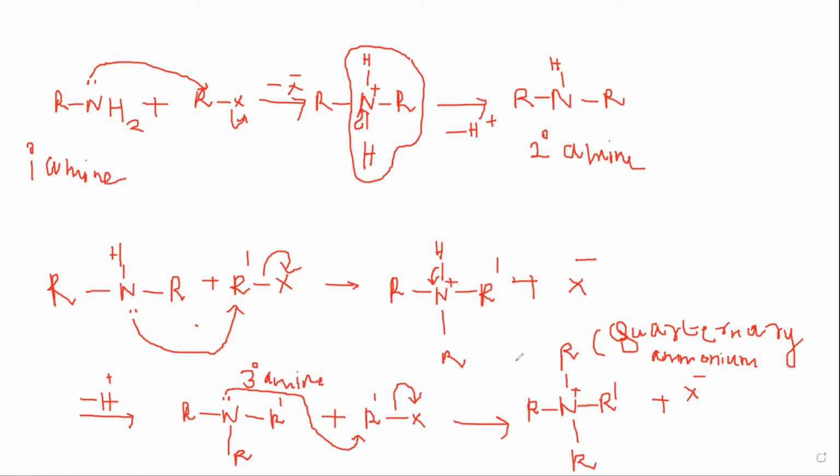The quaternary ammonium ion has nitrogen with a positive charge attached to four alkyl groups, and there is no hydrogen atom to leave as H plus, so it will just stand like this. So the final product will be R4N plus X minus. This is your quaternary ammonium salt.